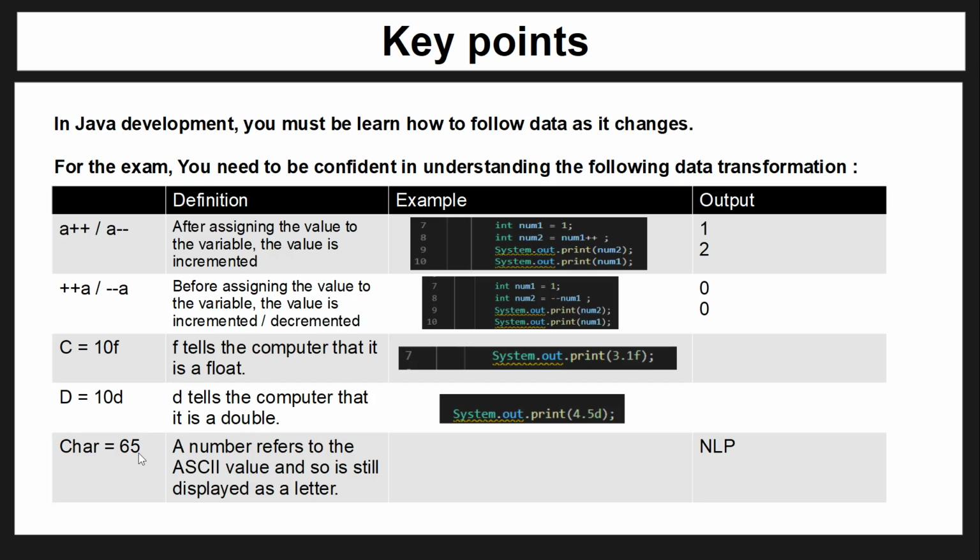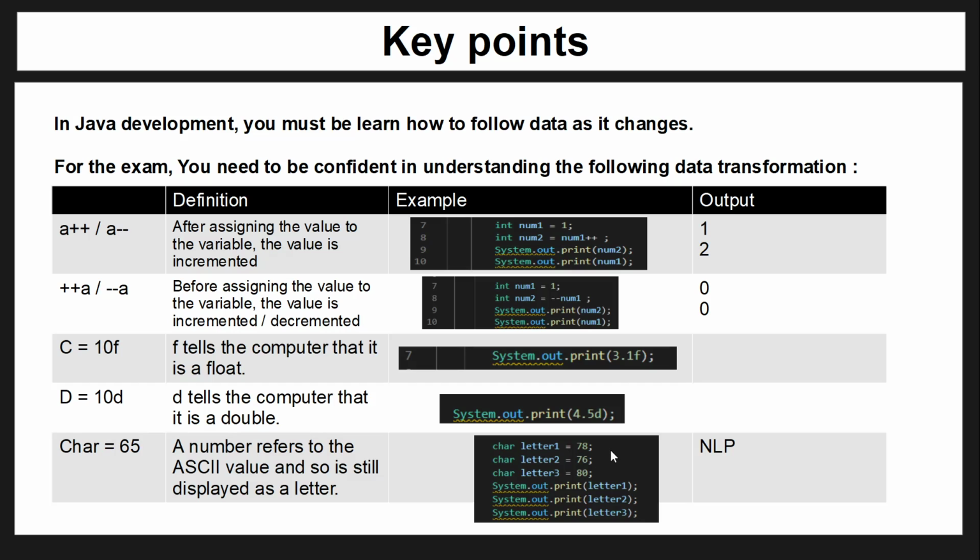The last thing here, we've got the character value. Usually, the character value means it's supposed to display a letter. Now, what you can do is add a number in there, and what that refers to is the ASCII value. You don't have to learn all of these values and what letters they are, but they might give you a question where they'll say, if you see letter 1, what will be displayed, an error, 78, or a letter?